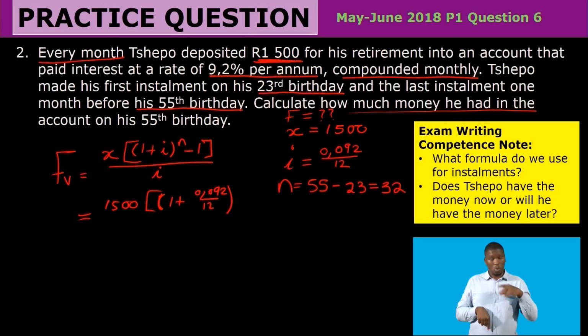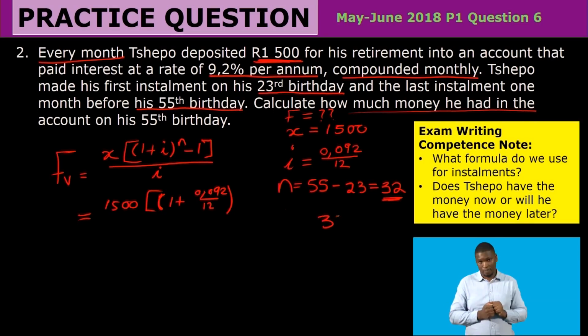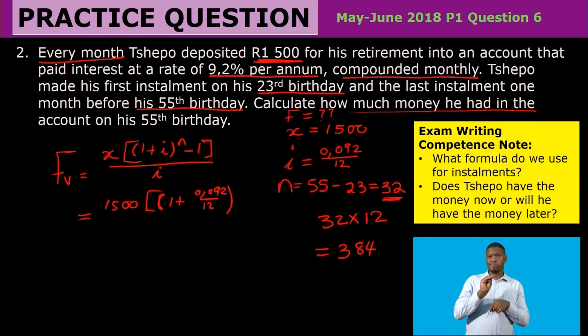And remember now, the period, yes, is 32 years, but it means if he's receiving interest every month for 32 years, that 32 has to be multiplied by 12. So that is 32 multiplied by 12. And when we take 32 and multiply it by 12, the answer that we get is 384, which is the value that we are going to substitute there, 384.